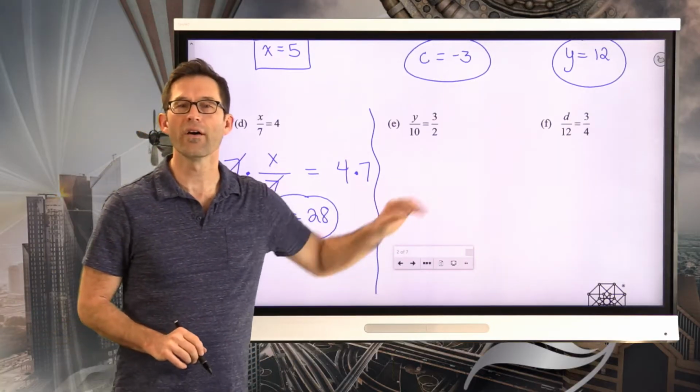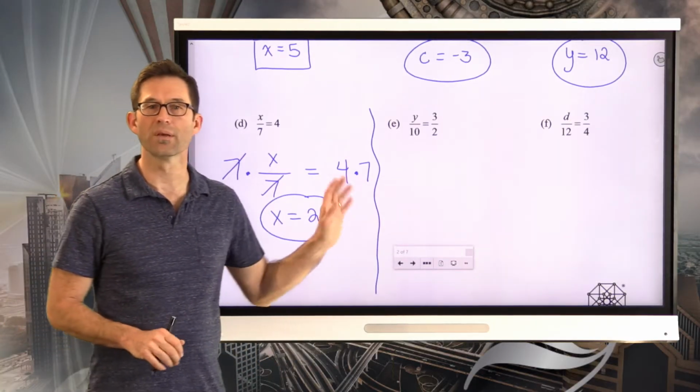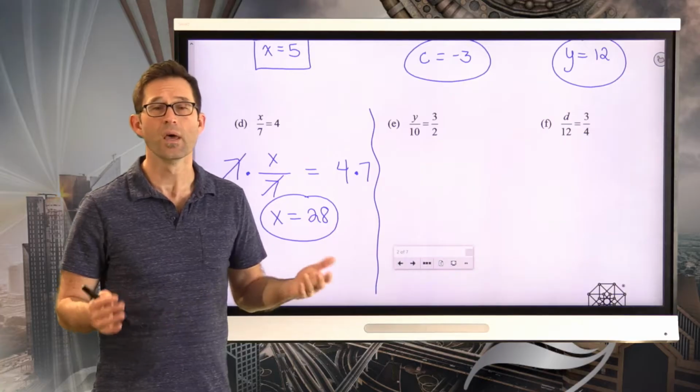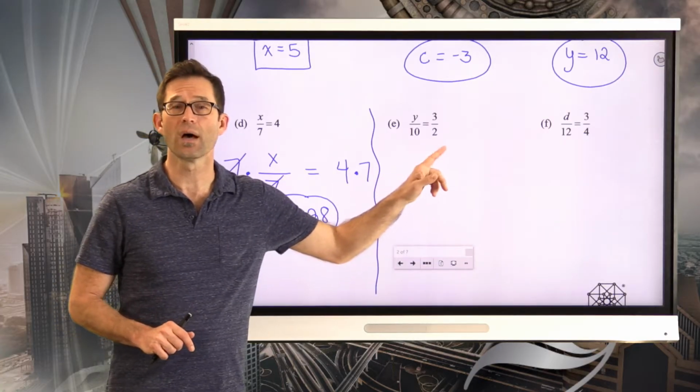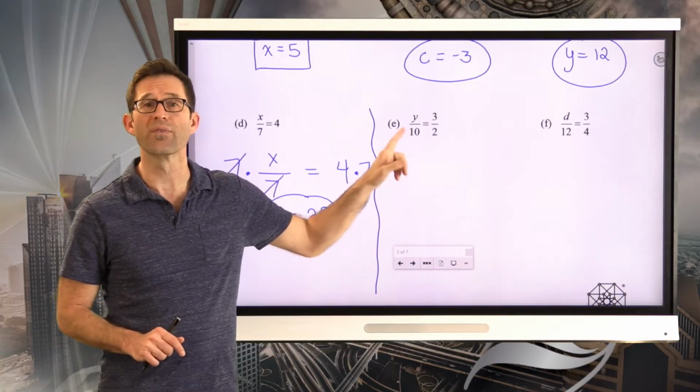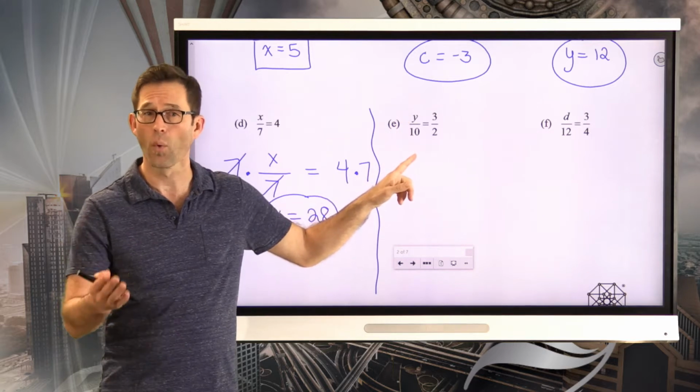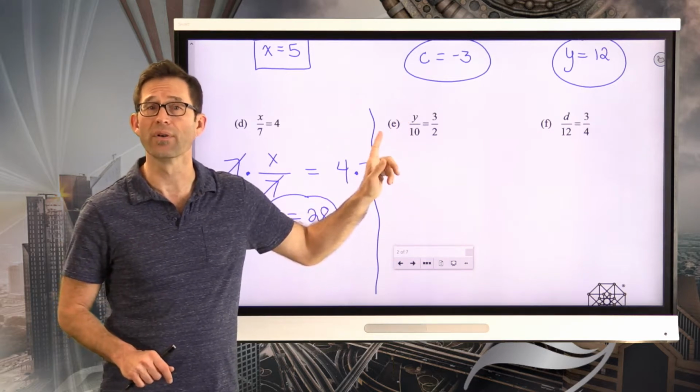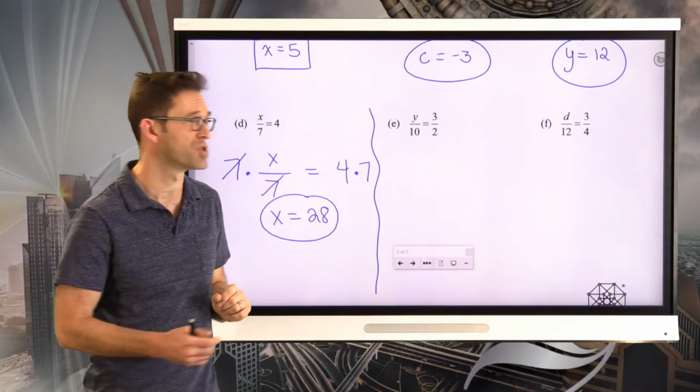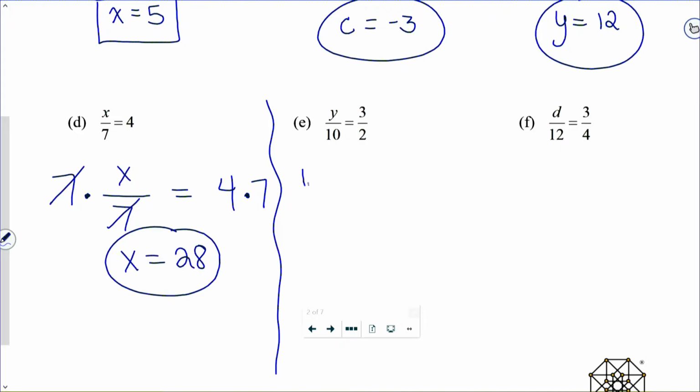Now, letter E and letter F might look a little more daunting because you've got fractions on both sides. But really, this side of the equation is not so important. When we look at this side, we've got y divided by 10. In order to get y all by itself, I now need to multiply this side of the equation by 10. I want to undo that division by 10.